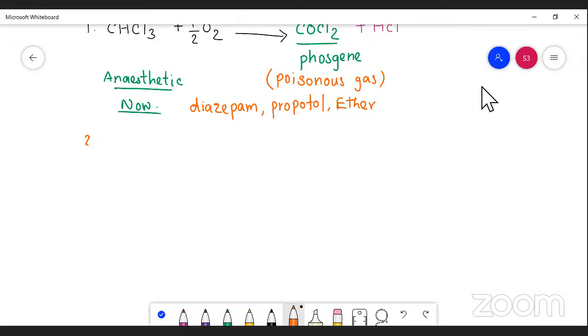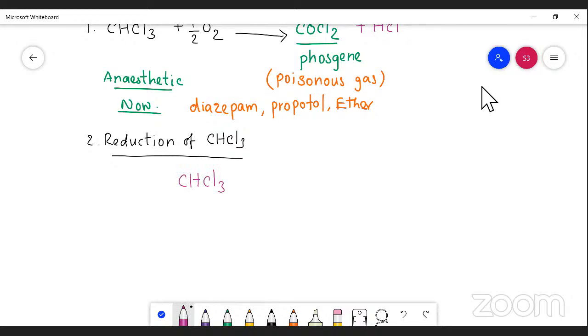What happens when chloroform is reduced? We get methylene chloride. So we are taking chloroform here.